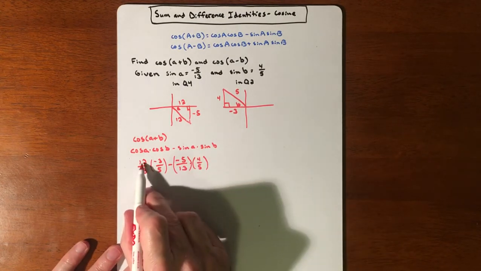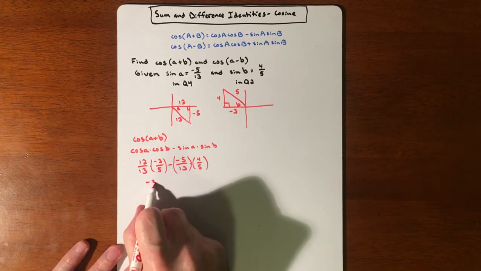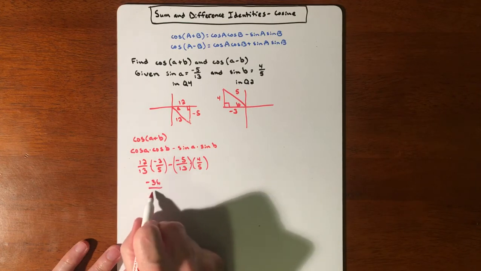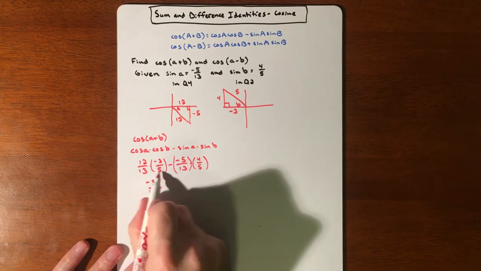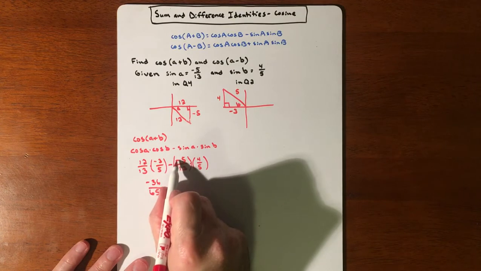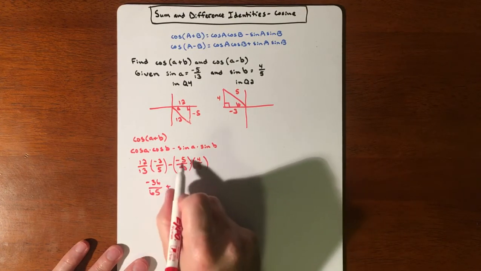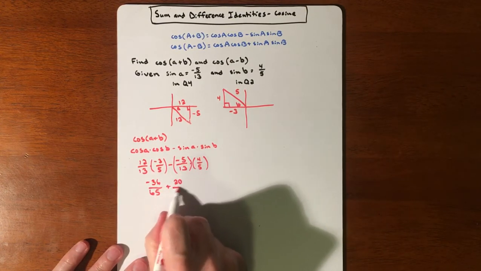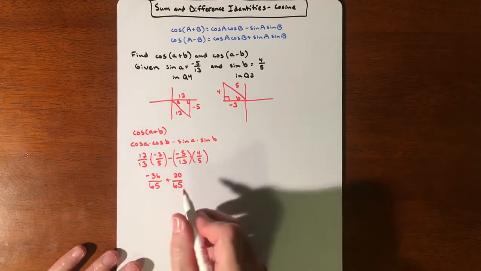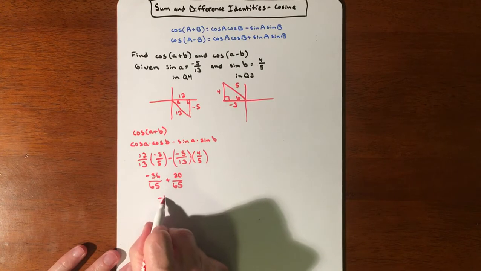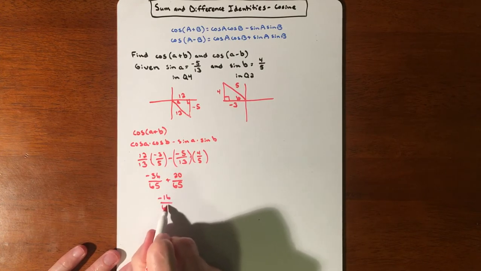Okay, so this is going to get us a negative 36 over 65. Then minus a negative, that's going to become a positive 20 over 65. And if you add these two pieces together, that's going to get you a negative 16 over 65.